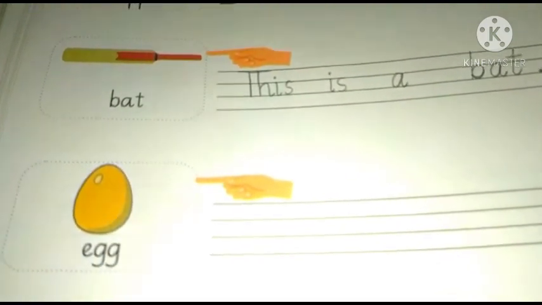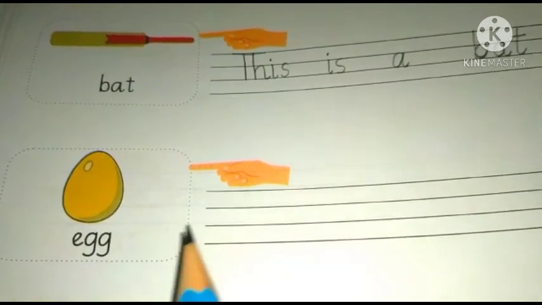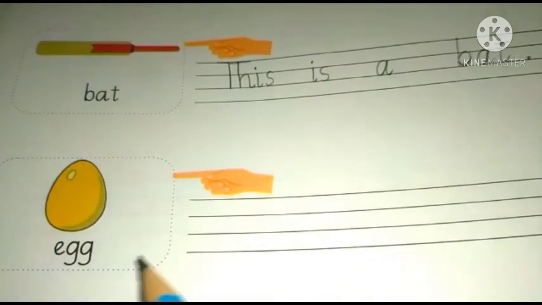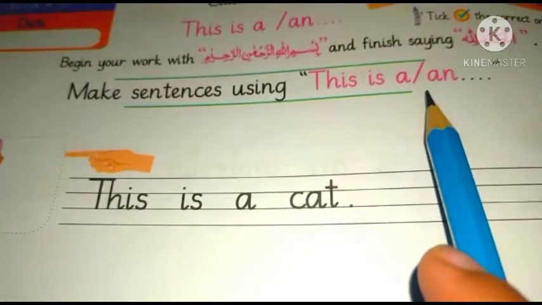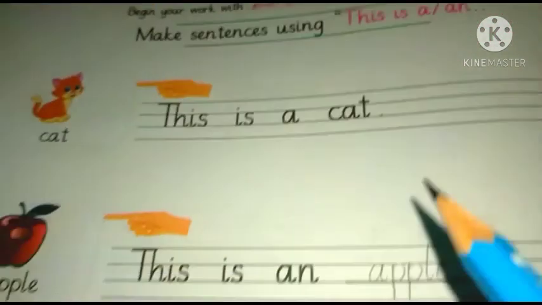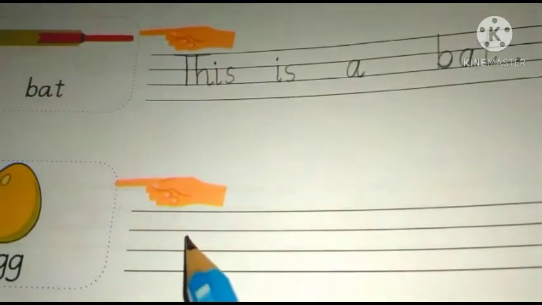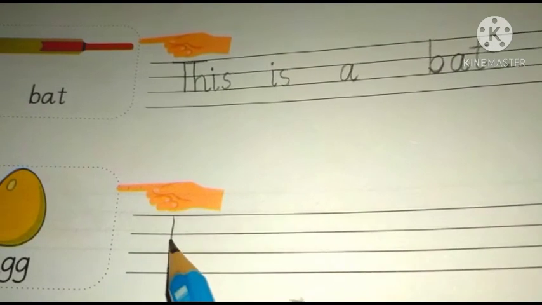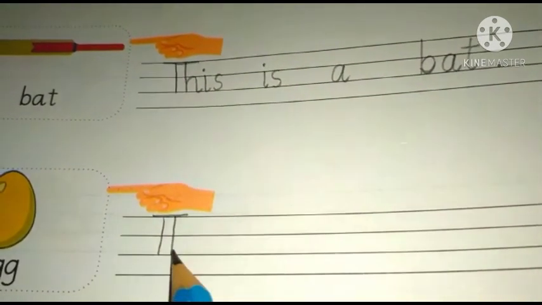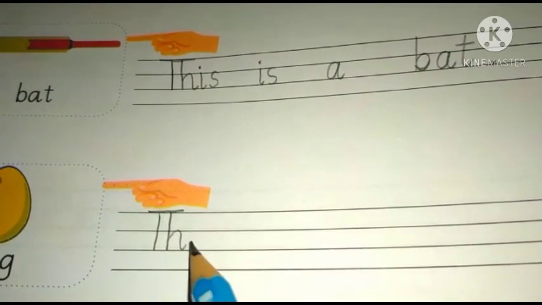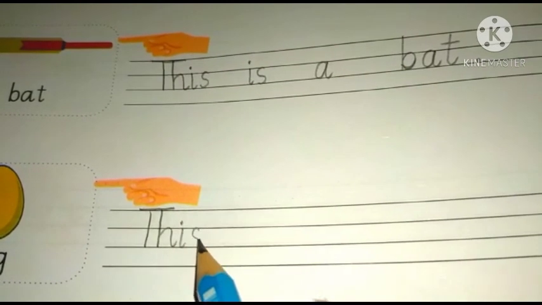Next picture is of an egg. Egg spellings E-double-G, egg. Egg begins with letter E and E is a vowel. So we will use an. This is an egg. So let's make sentence with this. The is this. T would be capital because first letter of the sentence is always capital. What is the spelling of this?